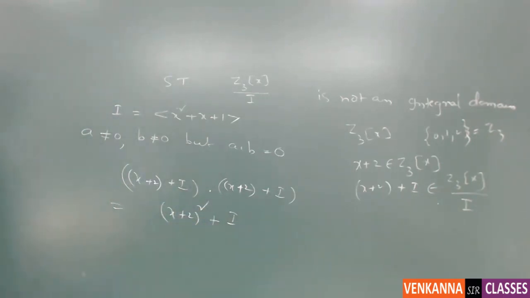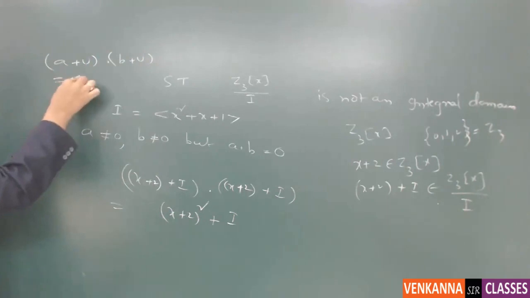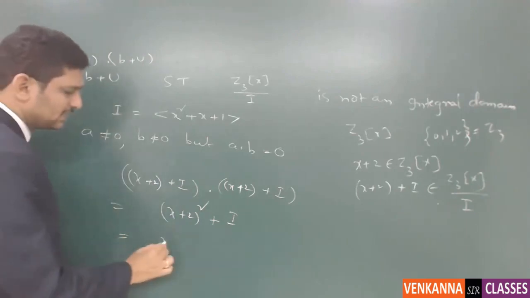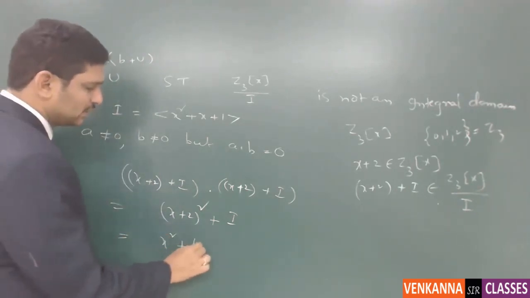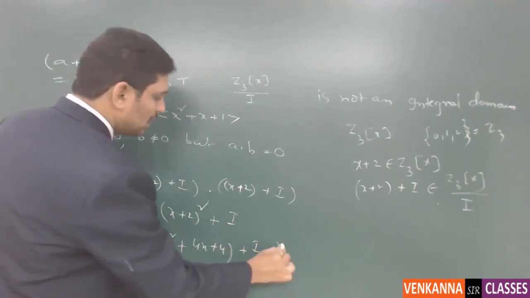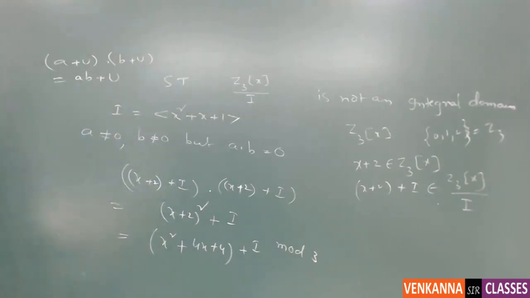As per quotient multiplication, how do we do that? (a plus U) dot (b plus U) is nothing but ab plus U, the quotient multiplication. So if you expand this, it is x square plus 4x plus 4 plus I under modulo 3. Because for the ring Z3[x], we have the modulo 3 operation.